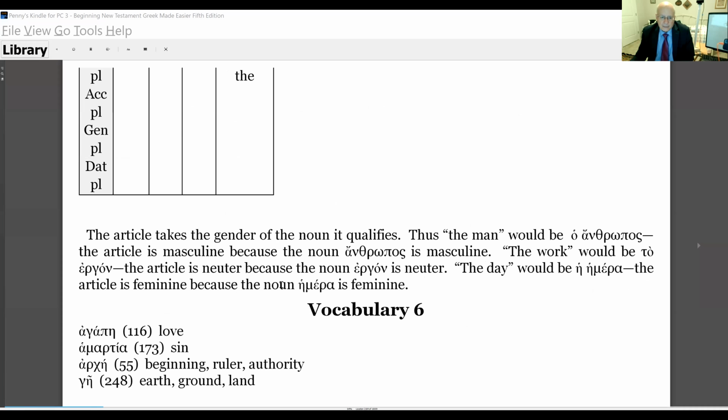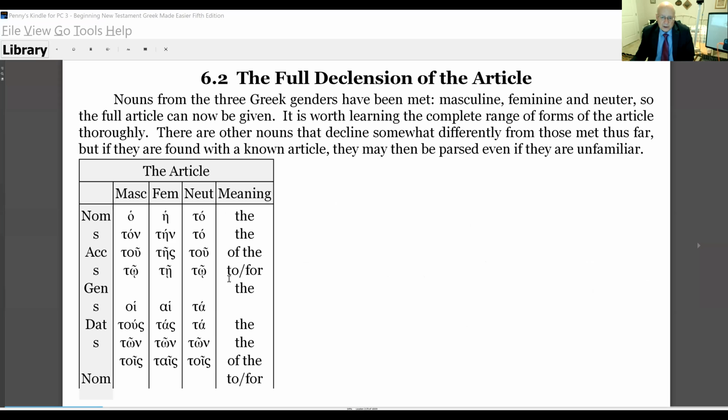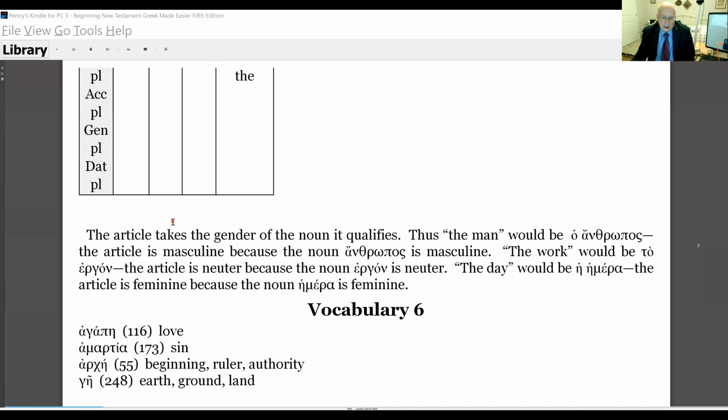We'll just do one of them to practice something directly from your homework. So I'll share the screen again briefly and look at the textbook here. You'll notice that he also gives you the full declension of the article, as I've already done. And again, notice that there is no ha in the feminine article, only he. He explains the article takes the gender of the noun it qualifies.